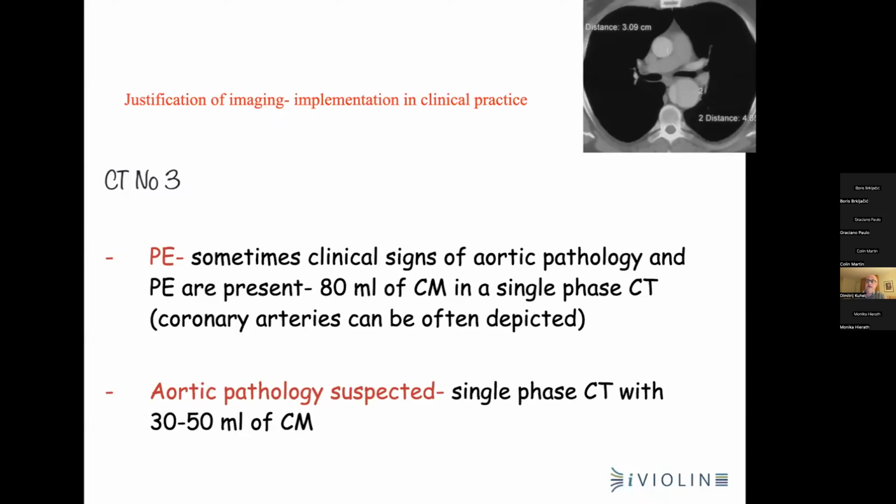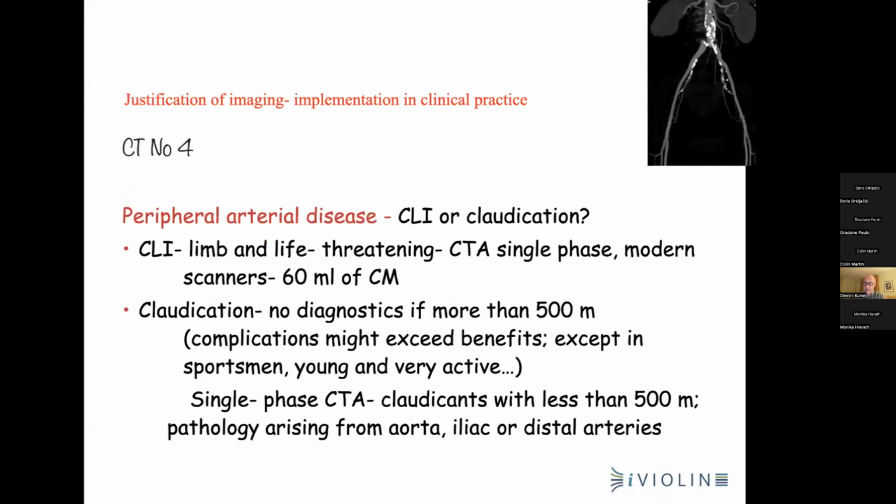In this scan, you can also very often depict coronary arteries, which might also be the cause of similar problems. Instead, if only aortic pathology is suspected, we can do single phase CT with much less contrast media.